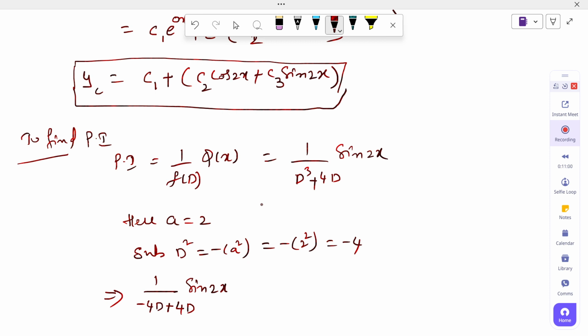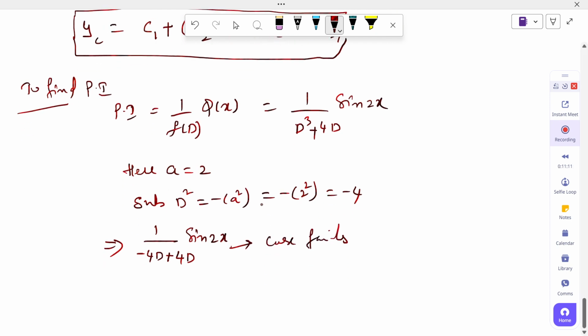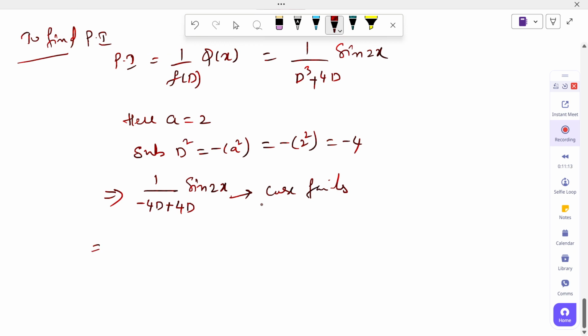It becomes a case of failure. If you move in this way, it becomes a case fail. Then how can we solve this one? It is equal to 1 divided by D cube, so I can take D out: 1 by D into 1 by (D square plus 4) into sine 2x.